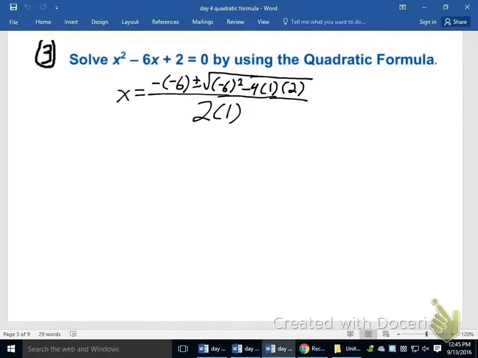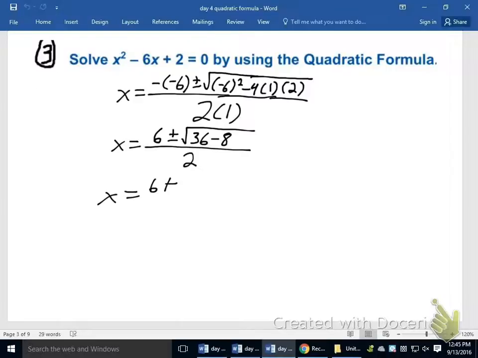And we'll see what happens on this one. So x equals negative 6 is positive 6, plus or minus the square root. 6 squared is 36, minus 4 times 1 times 2 is 8, over 2 times 1 is 2. 36 minus 8 is 28.